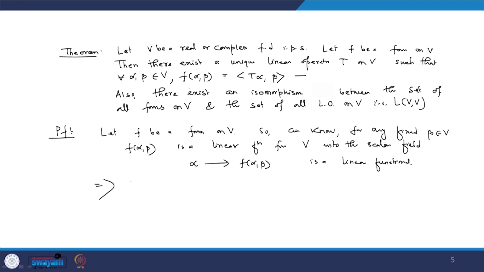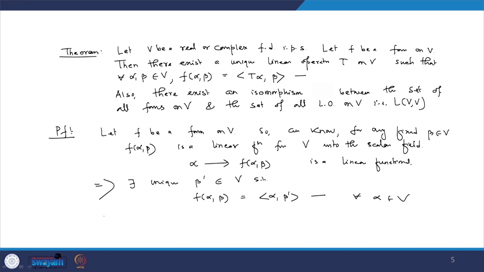So, this implies there exists a unique beta prime belonging to V such that f of alpha, beta equals the inner product of alpha, beta prime, because we know from our previous results that for any linear functional there exists a unique element beta prime such that the linear functional can be written as the inner product of alpha, beta prime for all alpha belonging to V.